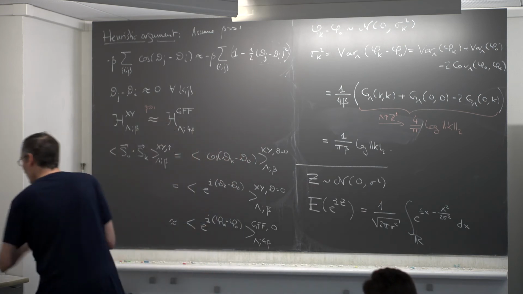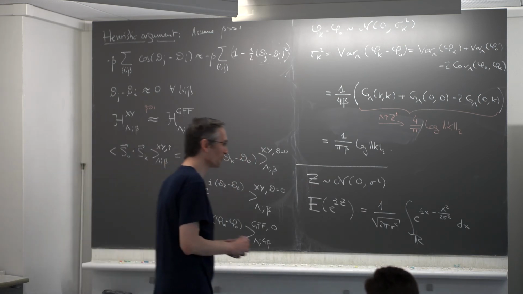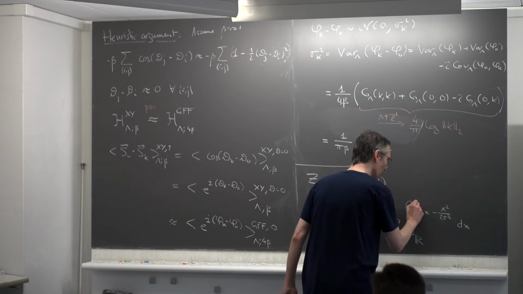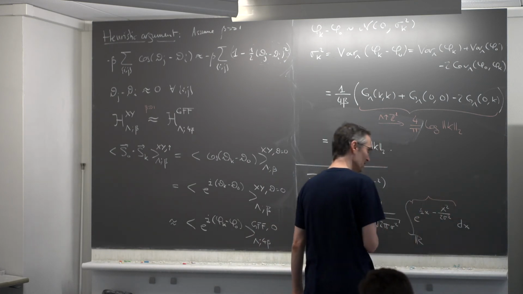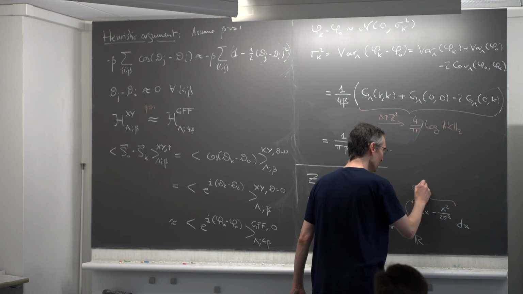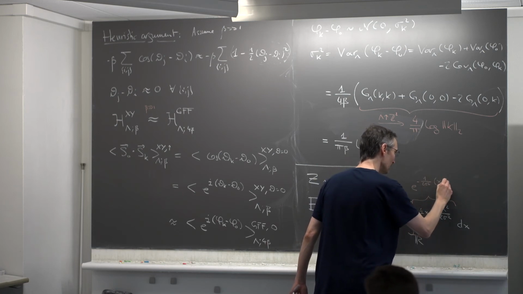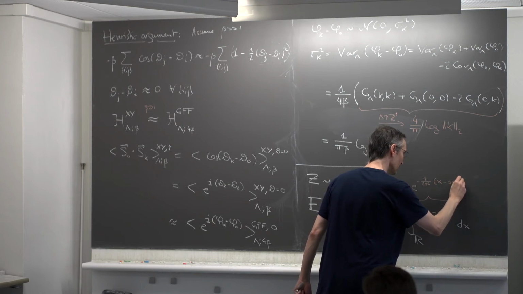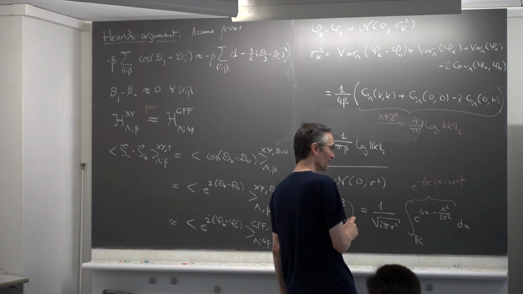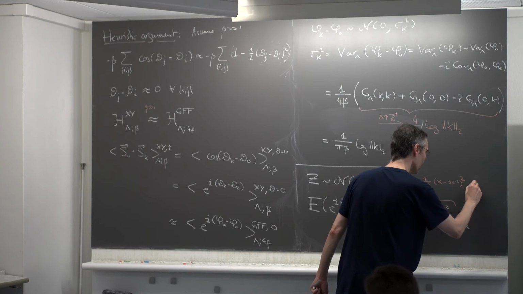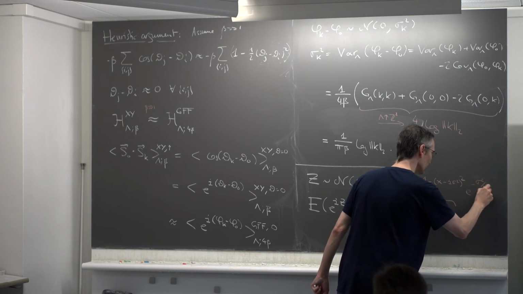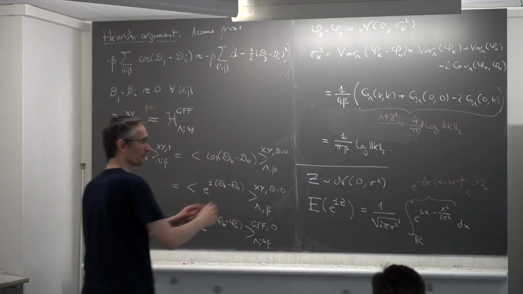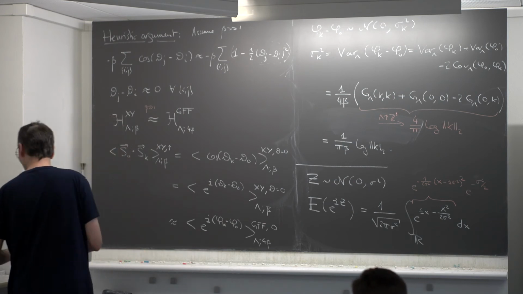And now the typical way of computing this integral is by completing the square. So here you just rewrite that as e^{-1/(2 sigma^2) (x minus i sigma^2)^2}. And then there is a remainder that you have to compensate, so it's e^{-sigma^2/2}. Just complete the square in the exponent and you will get that.